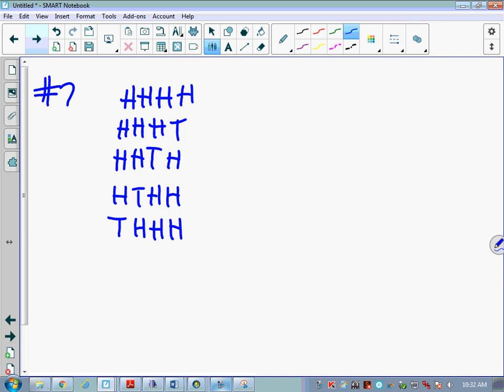We can get heads, heads, tails, tails. We can get heads, tails, heads, tails. All right, we start to find out that there are several different combinations, correct? Let's see, I'm trying to think of what the easy solution is on this. Okay.